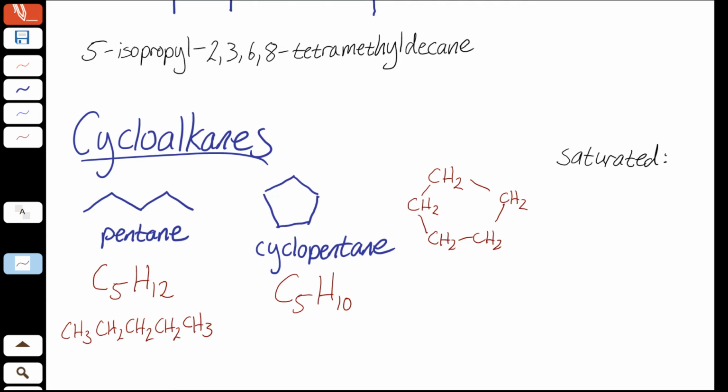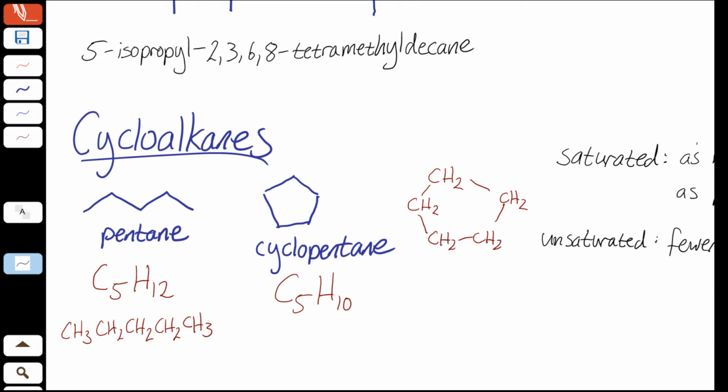So all the ones we've just been dealing with are what we call saturated hydrocarbons, saturated alkanes, because there's no way we can squeeze any more hydrogen in there. So if you have fewer than 2n+2 hydrogens, you'd have what's called an unsaturated structure, which is just going to be the same number of carbons with fewer hydrogens. So pentane is saturated, cyclopentane is unsaturated because there are fewer hydrogens.